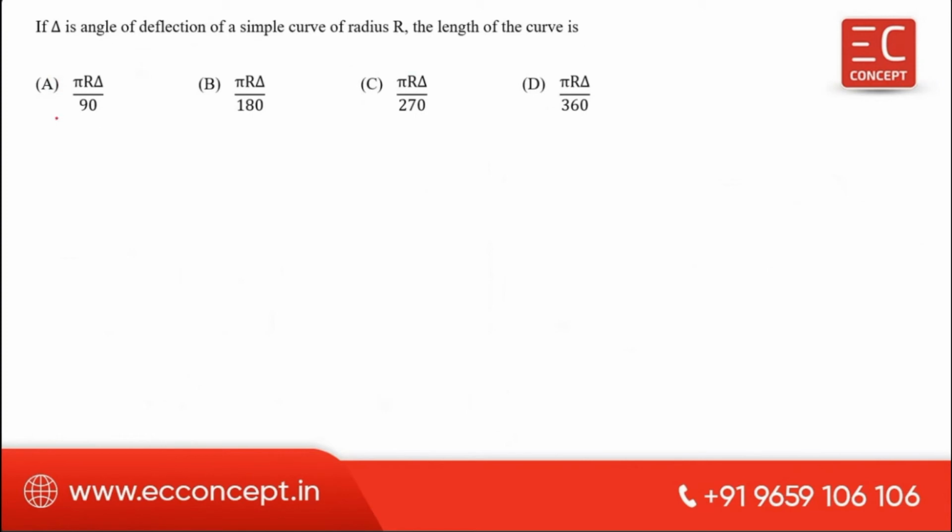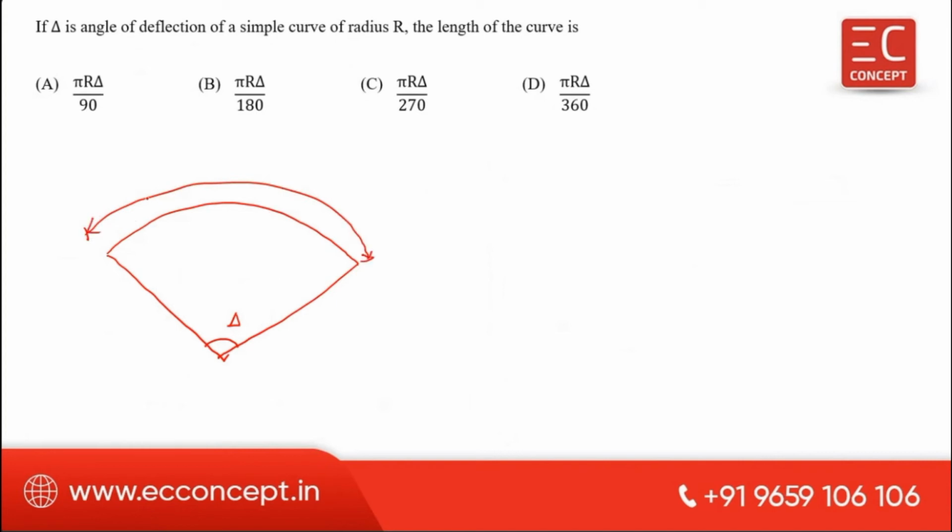Now, if delta is the angle of deflection for a simple curve of radius r, then the length of the curve is... this is the curve and this is the deflection angle, delta. Now this is the length of the curve. We know that for 180 degrees, the length of curve is pi r.